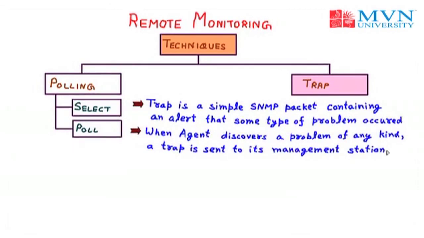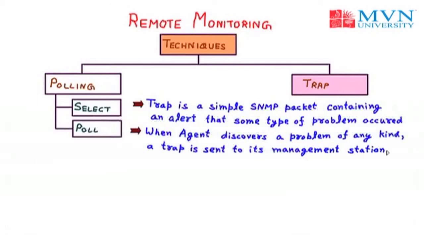Trap is a one-way packet, that means it can only be sent from the agent to the management system. The management station does not reply to the agent to confirm it received the trap. So once a packet is sent from the user agent to management, there is no confirmation or particular packet sent from the management to that user agent.